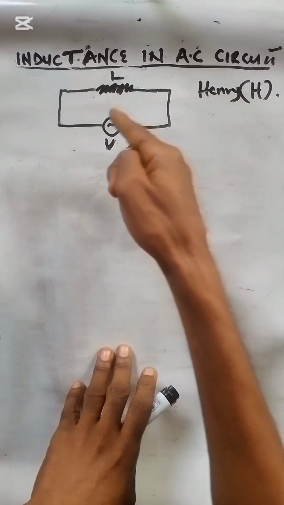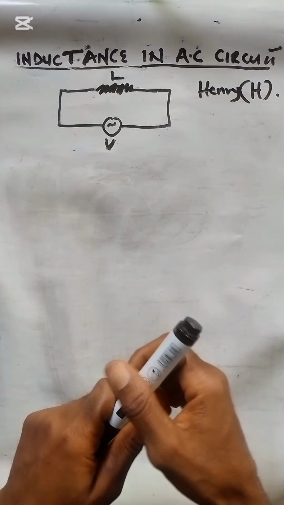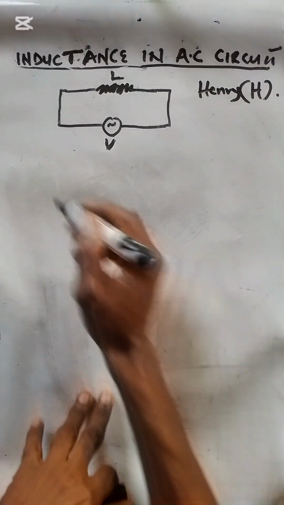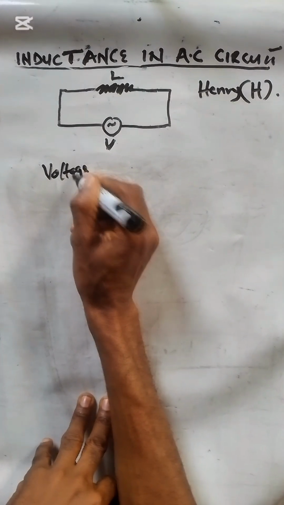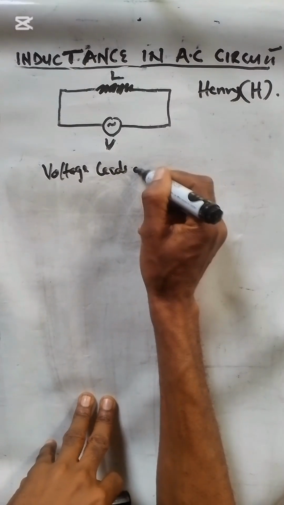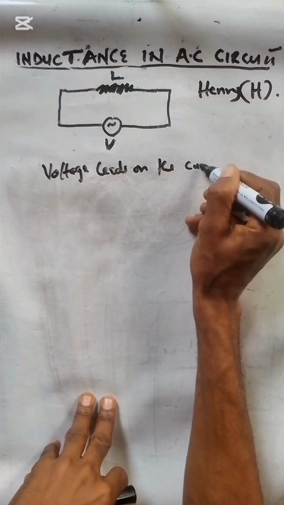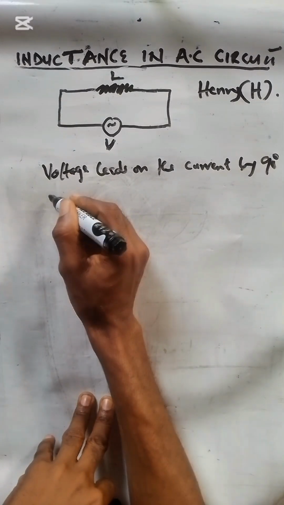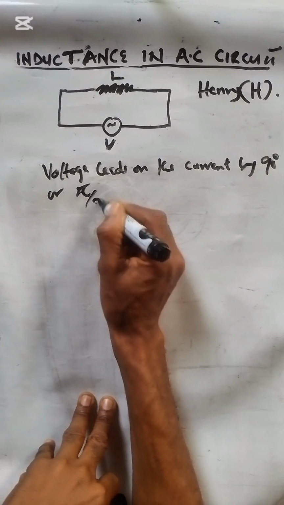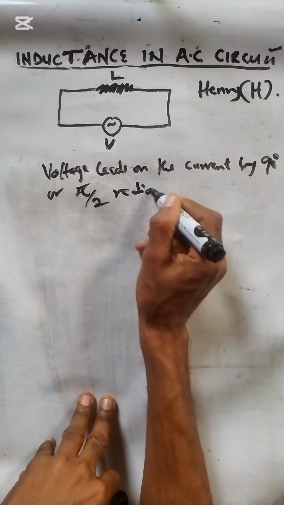In the inductor, the voltage leads the current by 90 degrees, or pi over 2 radian.